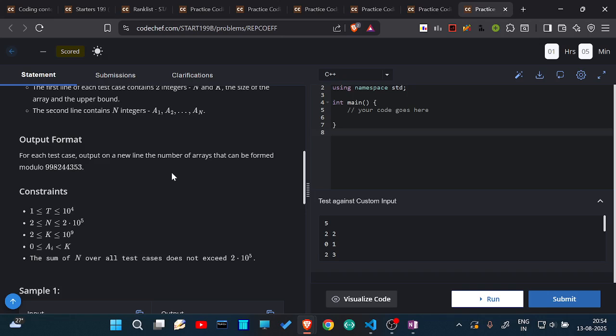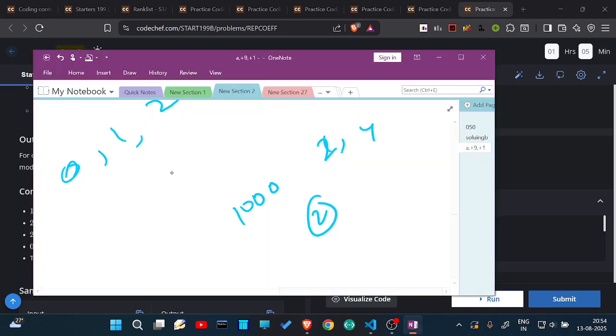So once you got that, what are the divisible modulus that you can get? The GCD of AI plus one is what we can get.